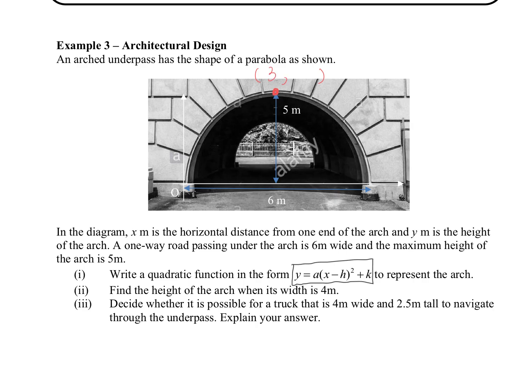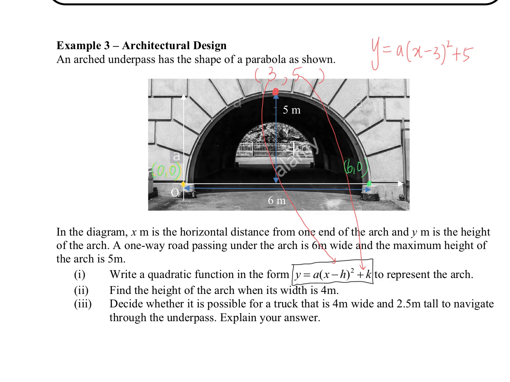3, 5. So if we feed it back to the formula, right, you know that it is something like this. But the A is unknown to me. So I need to find one point to sub in except my turning point. So you can either choose your x-intercept here, which is 0, 0. You cannot see, green better? Not really. The other point here would be your 6, 0.